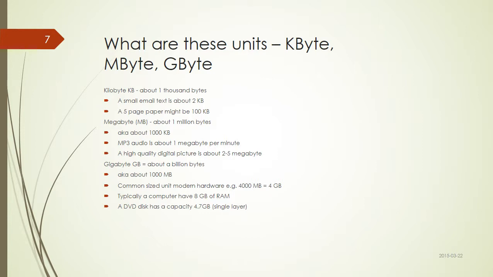A typical laptop would have 8 or 16 gigabytes of RAM, which is random access memory. A DVD has 4.7 gigabytes of memory. So a link that is rated in gigabits per second would be used mostly for connections to YouTube, getting videos and such.